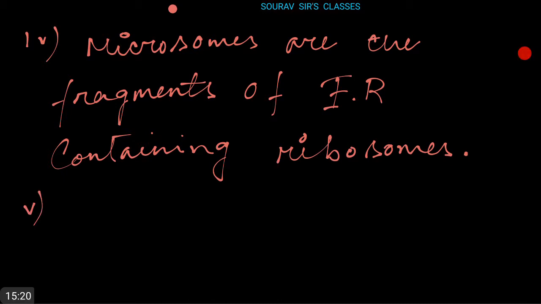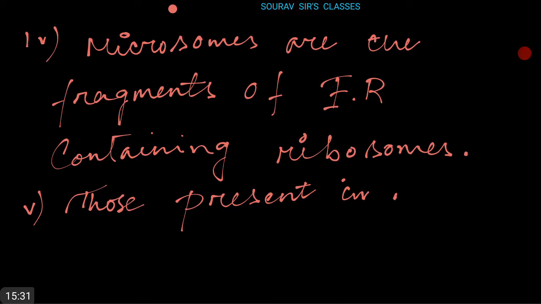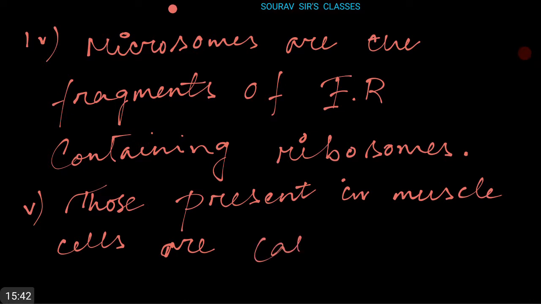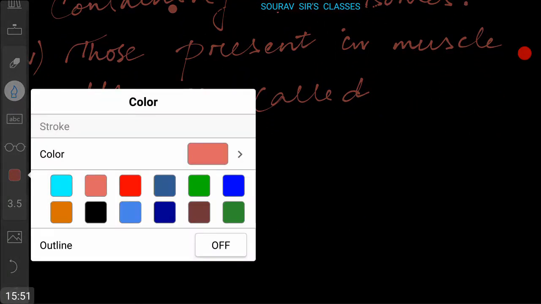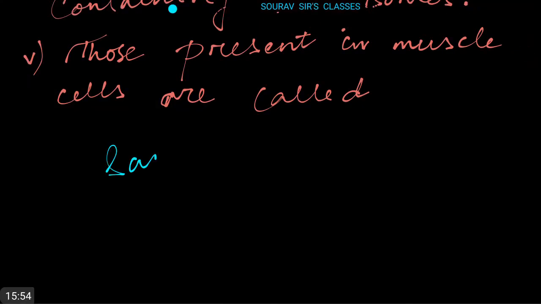Now, those present in muscle cells are called sarcoplasmic reticulum.